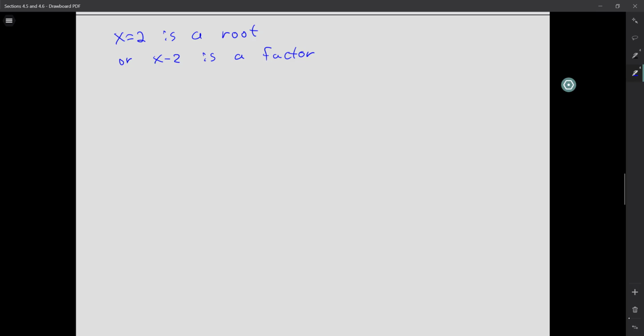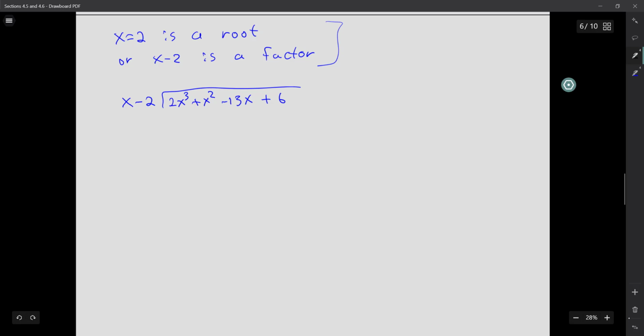So what I want to do is take my polynomial and divide it by x minus 2, and that way I'll have something smaller to work with. So we save this information because it's going to be part of our final answer, but we're going to do the long division to decrease the size of my problem, in a sense. 2x cubed plus x squared minus 13x plus 6. To get 2x cubed from x is 2x squared.